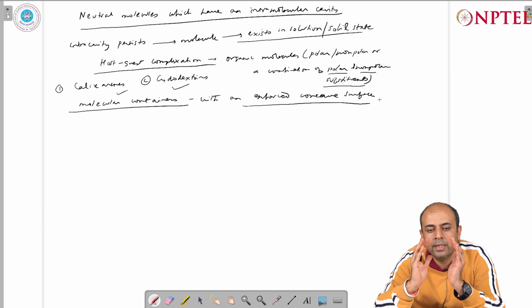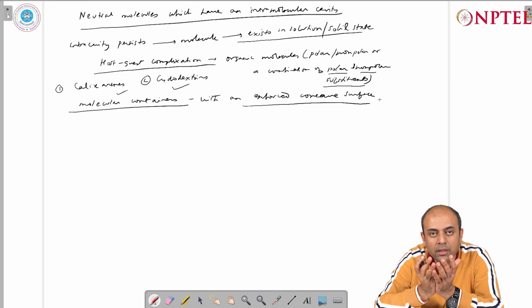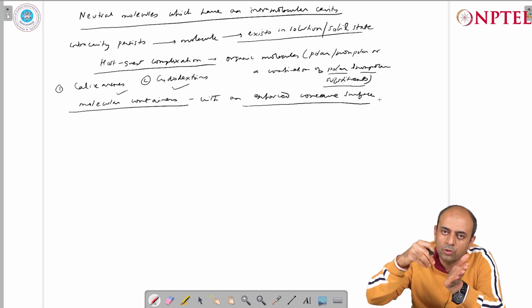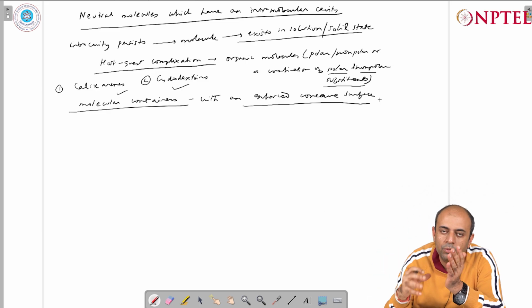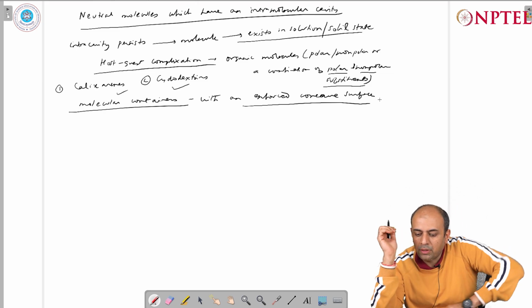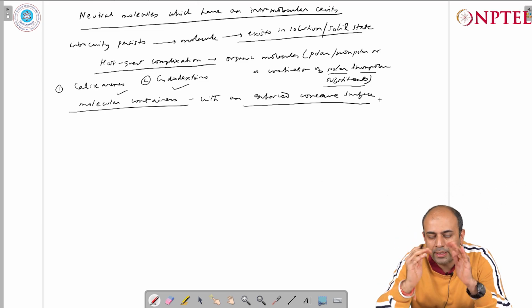So, they look like a molecular container, a tub-like arrangement, a bucket-like arrangement. That is the shape these particular molecules adopt in solution or in the solid state, and then you can have guest molecules which can come and interact with the different polar portions as well as non-polar portions of this molecular container, or these cyclic hosts which have got non-polar content as well as polar content.